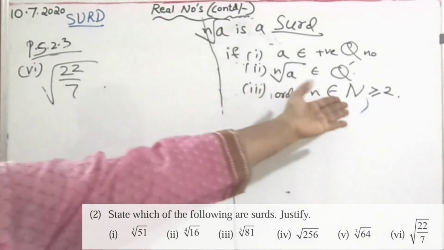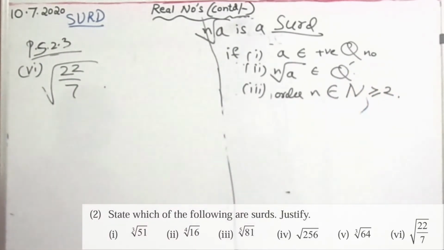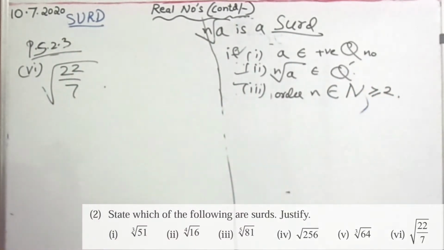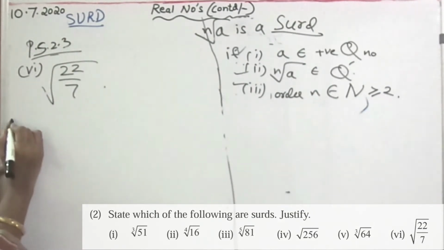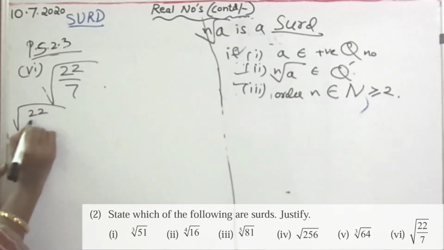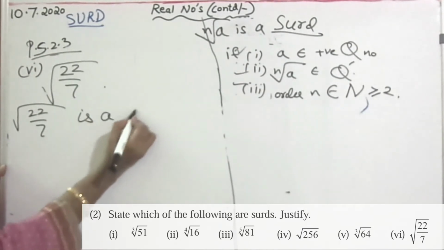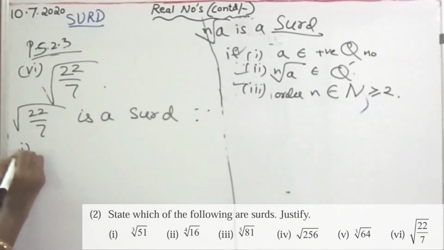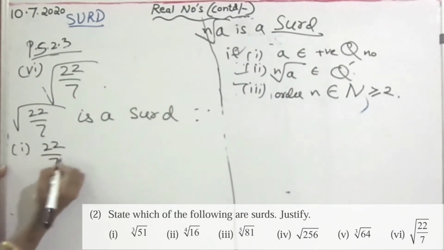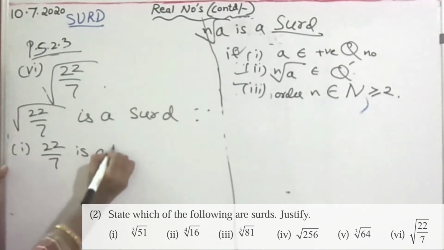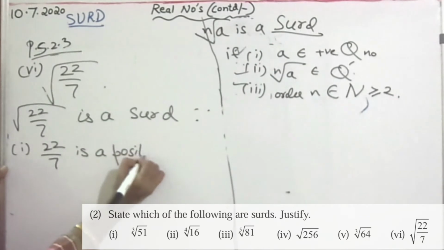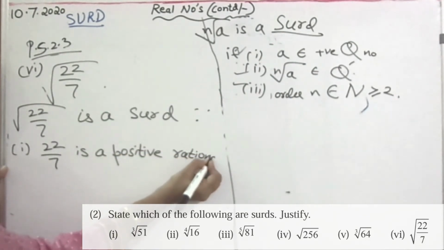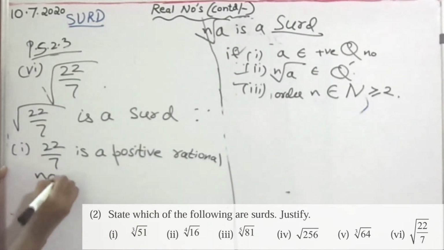So order n belongs to natural numbers greater than or equal to 2. So all three conditions are satisfied, therefore it is a surd. You can write down: root 22 upon 7 is a surd because first, 22 upon 7 is a positive rational number.